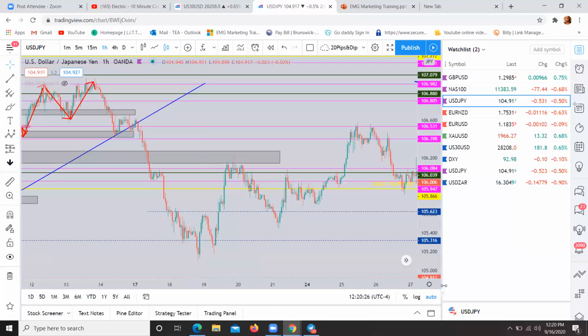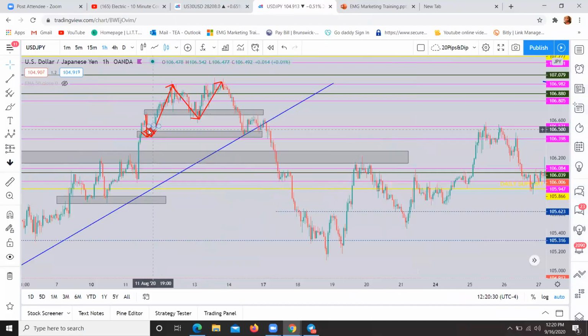This is a real markup. I have not touched this markup since the beginning of August. Everything that you see on this chart has been traded live, okay? This is a bunch of different key levels. I'm just going to show you what's on my chart, and you'll understand this in a couple of weeks.